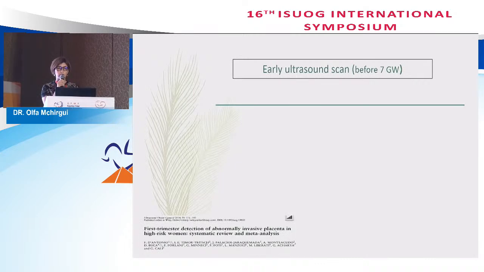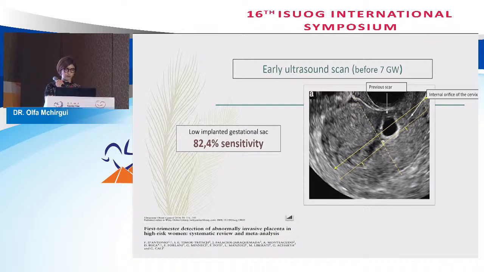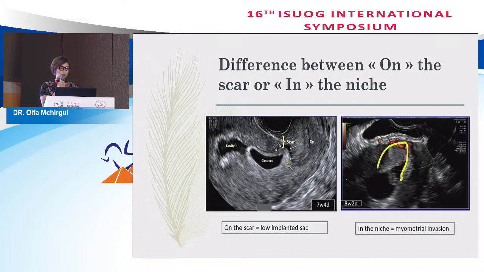So the most alarming early ultrasound sign, discovered before 7 weeks, is a low implanted gestational sac with a sensitivity of 82.4%, with a sac that is located in the lower half of the uterine cavity, as you can see here, with an empty uterine cavity. And afterward, we need to differentiate between an on-the-scar pregnancy that could evolve toward a placenta accreta and an in-the-niche pregnancy that can lead to bladder invasion and uterine rupture.